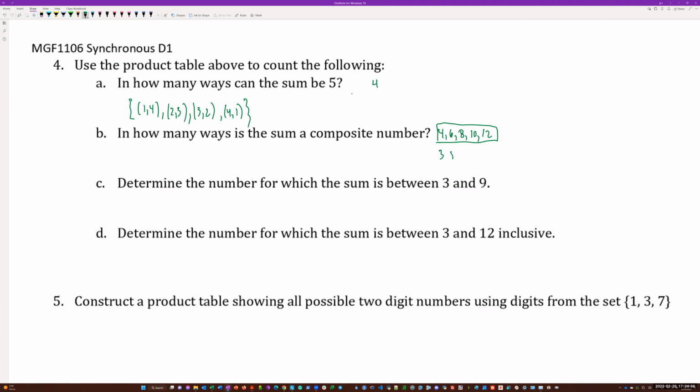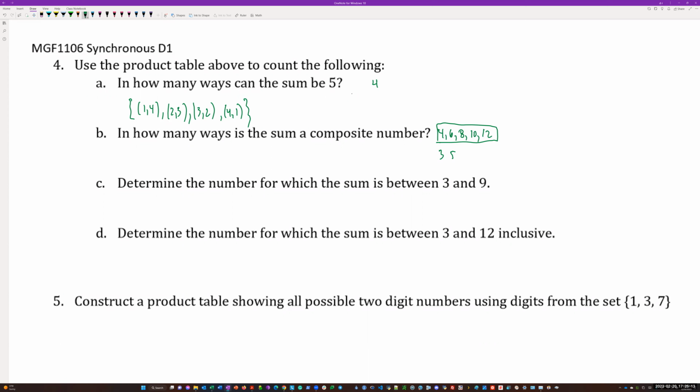Five. 1 and 5, 2 and 3, 3 and 2. Wait, 4? 1 and 5, 2 and 3, 3 and 2, 4 and 2. No, 5 is correct.